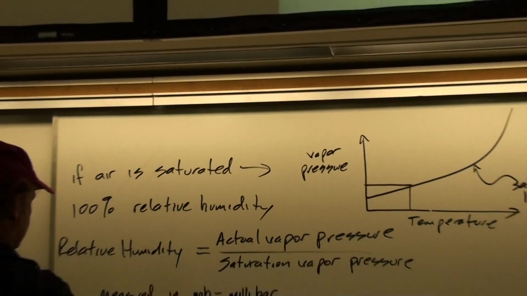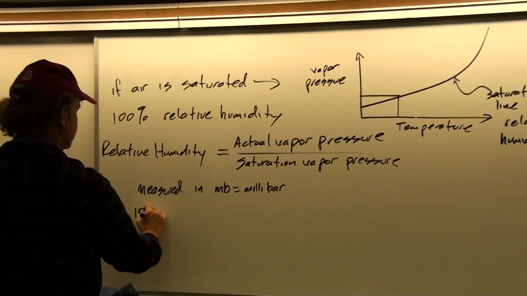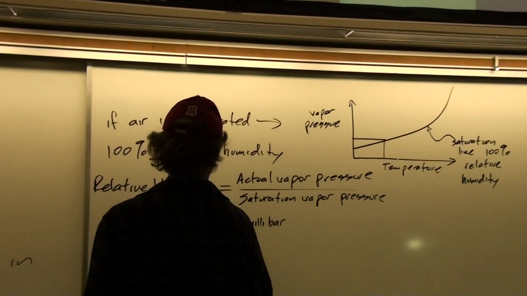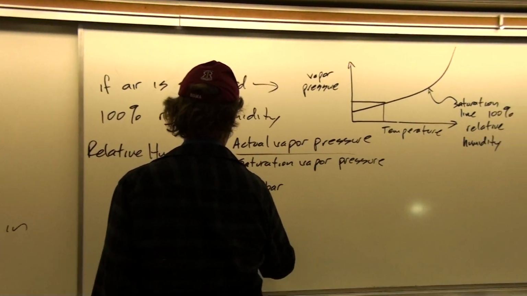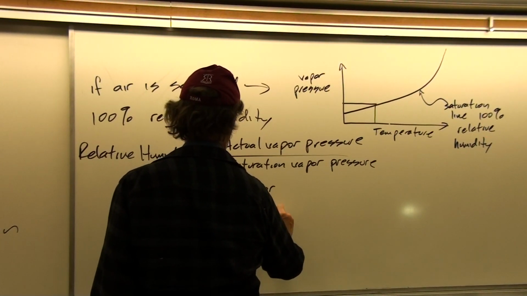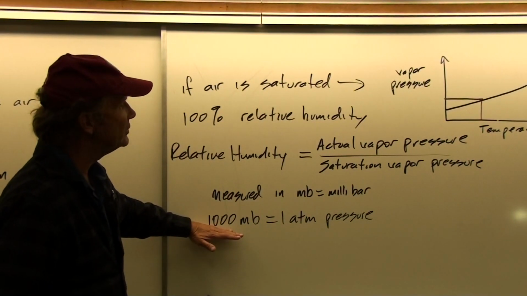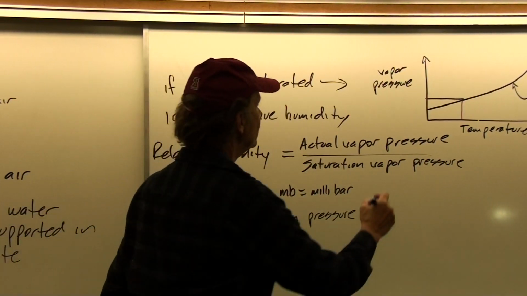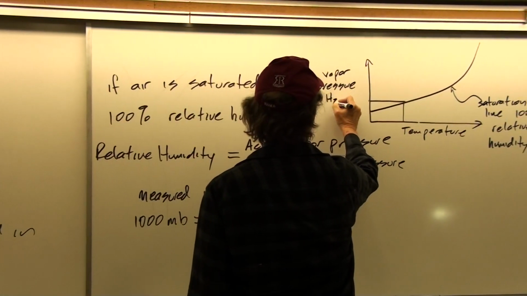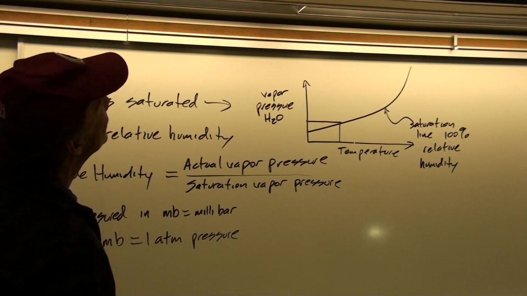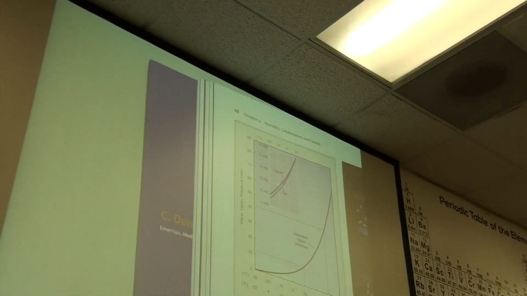Where a millibar, if we have 1,000 of them, that's equal to, by definition, 1 atmosphere's pressure. So the total atmospheric pressure is about 1,000 millibars, but the vapor pressure of the water in the air is on the order of a few tens of millibars.